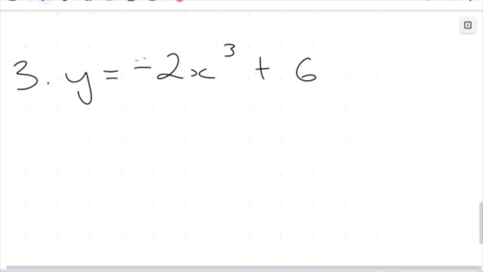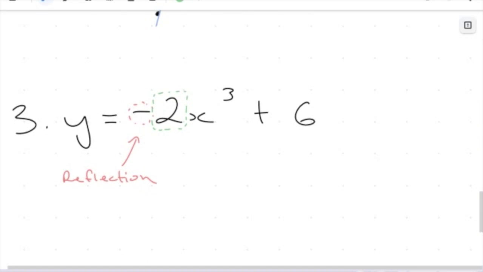We have this negative here. From a video or so ago, we said that this ended up being a reflection. So the negative sign in front of the x cubed means that it's going to get flipped. Remember, we had this reflection around the x-axis. This guy here changes the scale of the graph.